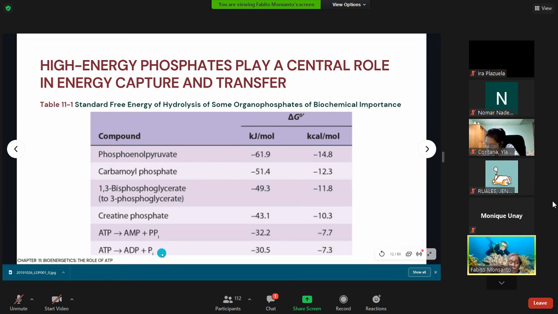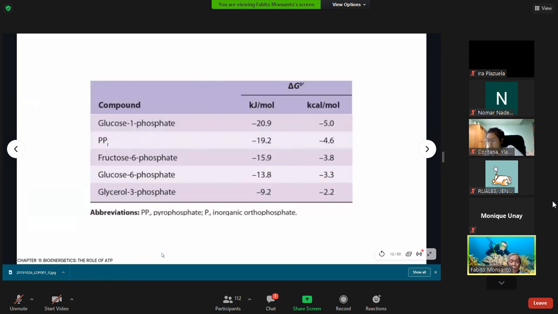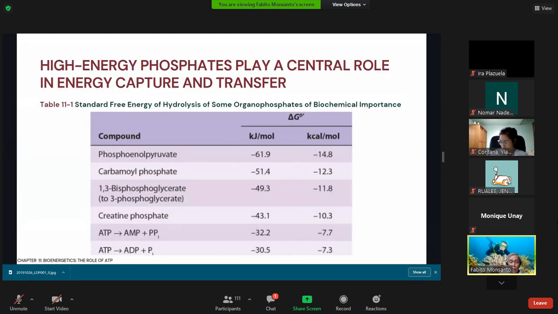Those below this cannot replace the phosphate that is lost in ADP, because that's only 5, only 4, 3, and 2. Can you get that?